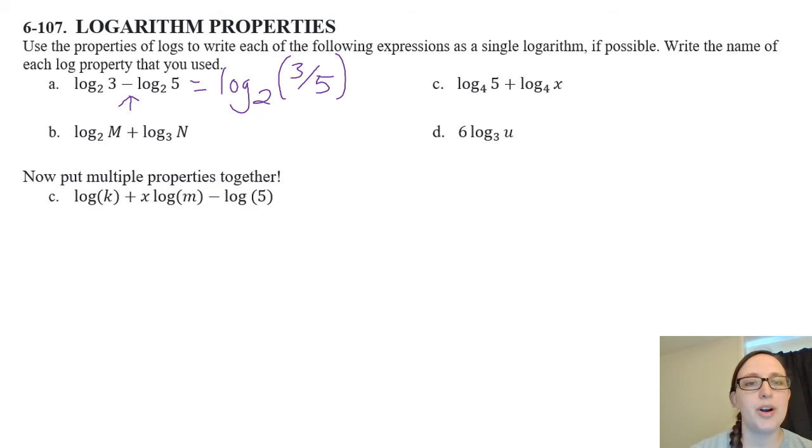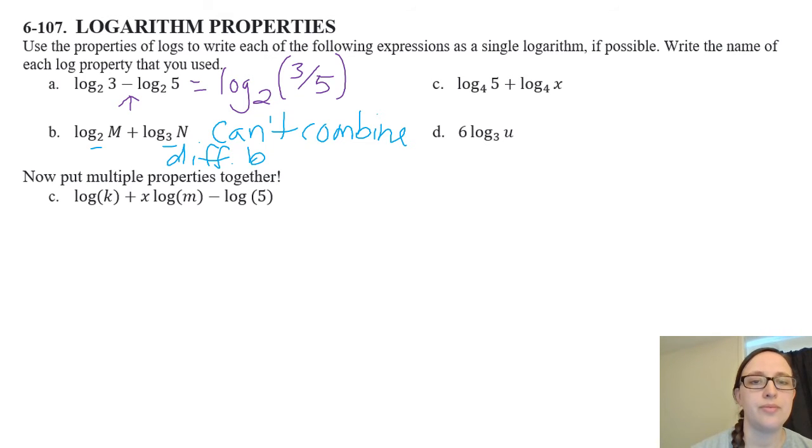All right, and then part B, we have a base of 2 and a base of 3. We cannot combine these because they have different bases. Then in part C, we have log base 4, base 4.